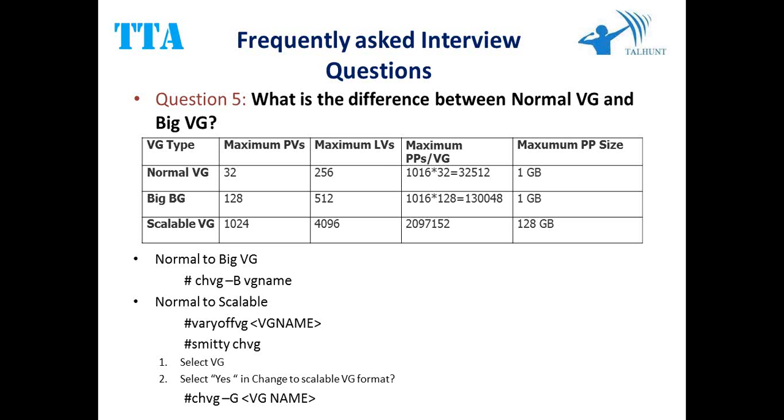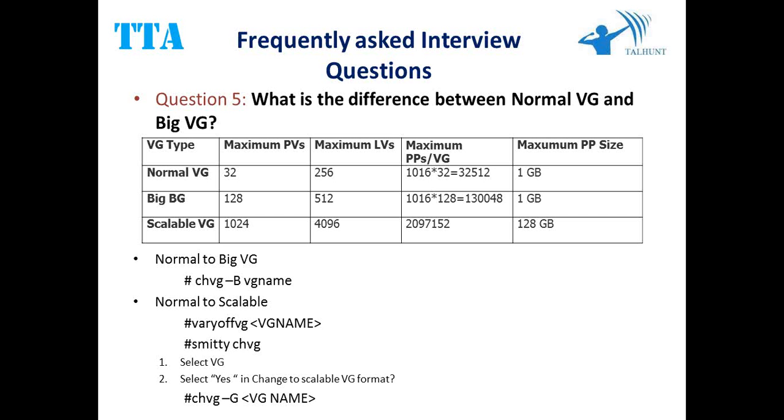This is to understand whether you really understand the LVM concepts. They might ask you about the differences between the different types of VG, like the difference between normal VG and big VG, or big VG and scalable VG, in any order. At least you should be able to answer the maximum PVs per type of VG.